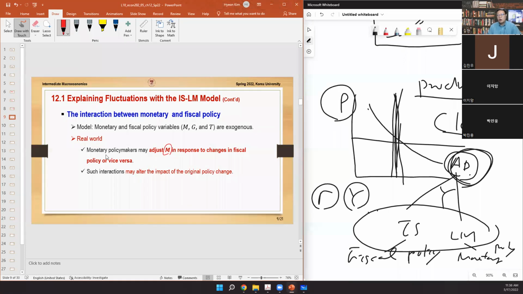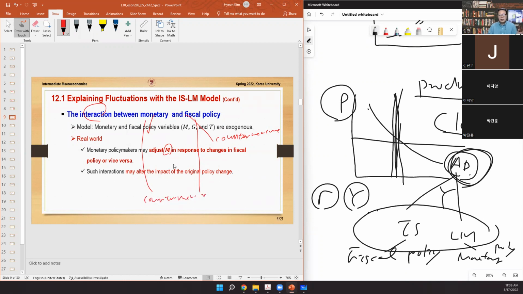After that, another thing is we'll find some interaction between them. That means when they take some action on monetary policy, there could be some countermeasure. Or when they start with a fiscal policy, there is another countermeasure of monetary policy.